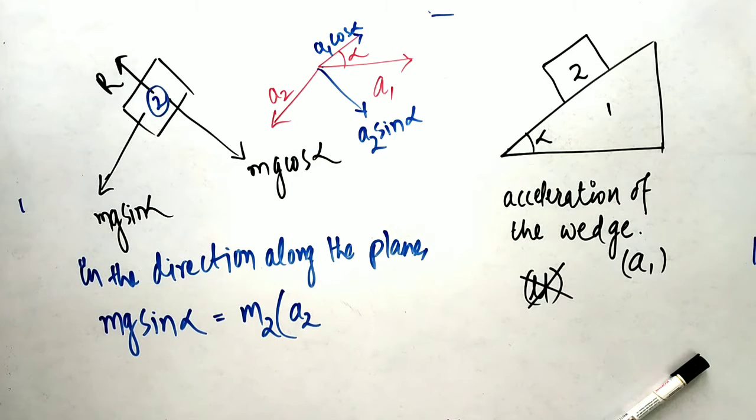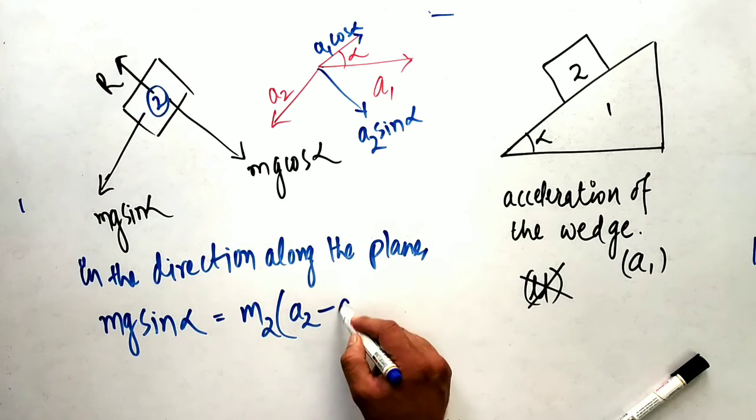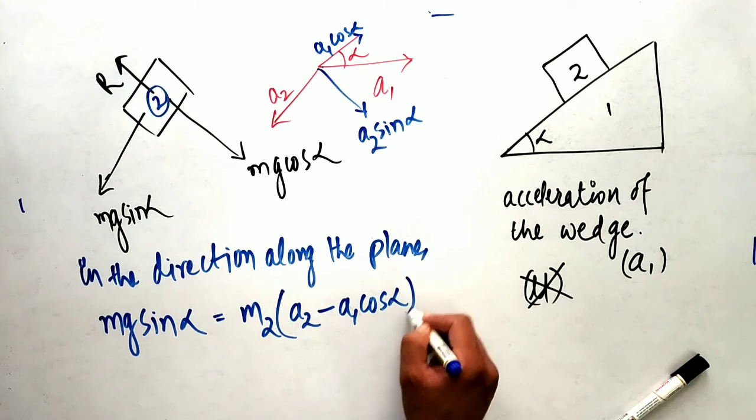So the resultant acceleration in this direction is going to be a2 minus a1 cos of alpha.